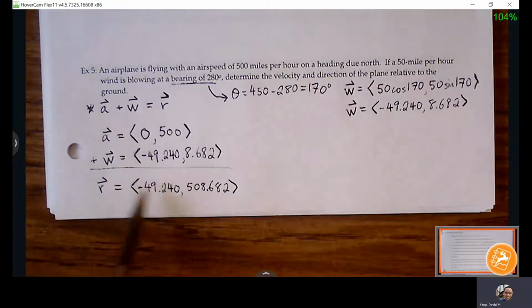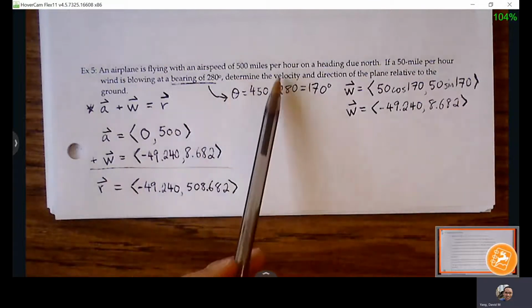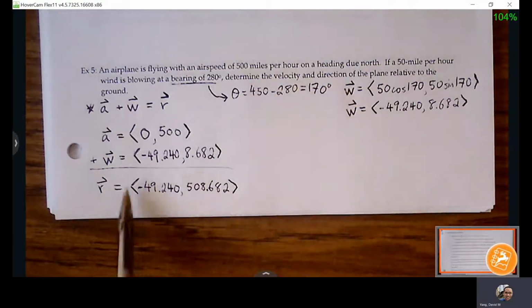Once you get to the resultant vector, then it's easy because you can find the velocity and direction using our Pythagorean theorem, our magnitude formula, and our theta formula.